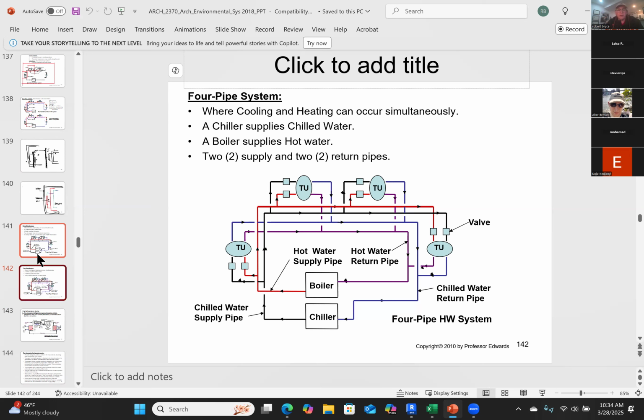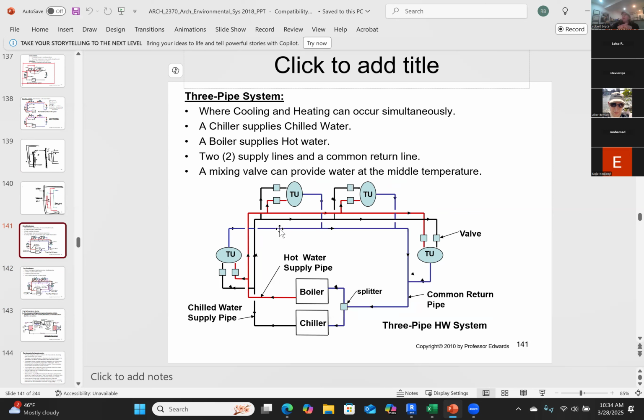And the difference is, if you go back and take a look at here, really what happens is we're dumping possibly hot water into the return pipe as well as chilled water into the return pipe. And you think about it, well, what would be an example where that could happen? The example could be that this could be a north-facing part of the building.